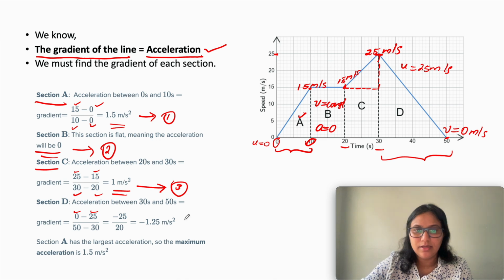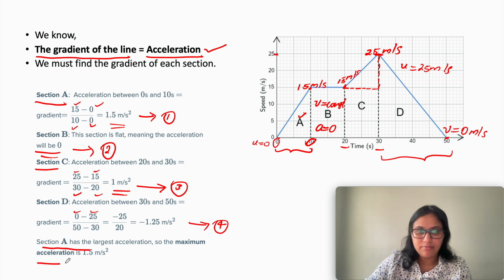What you get is a negative acceleration of minus 1.25 meter per second square. So when you compare, you know that section A has the largest acceleration, the maximum acceleration of 1.5 meter per second square.